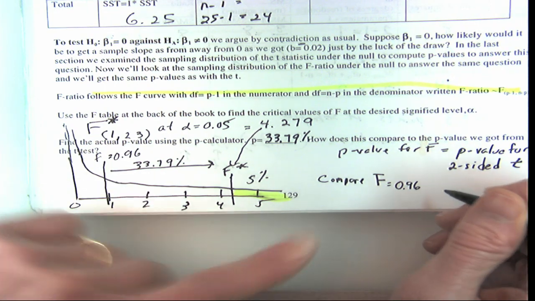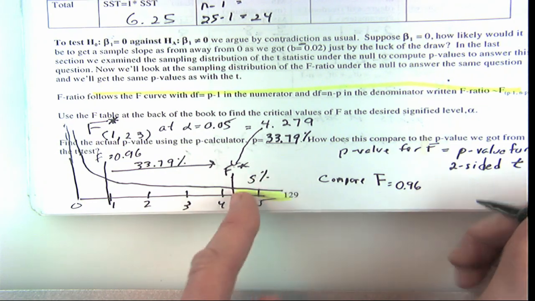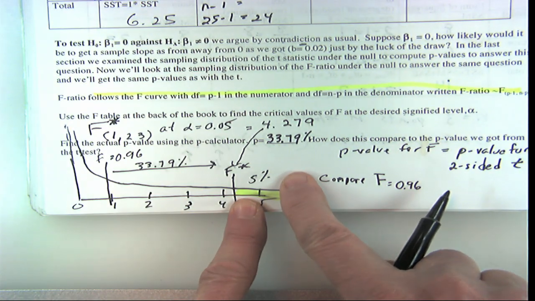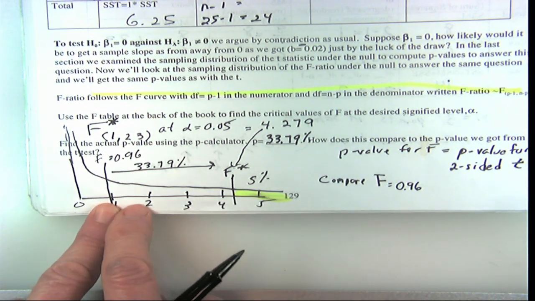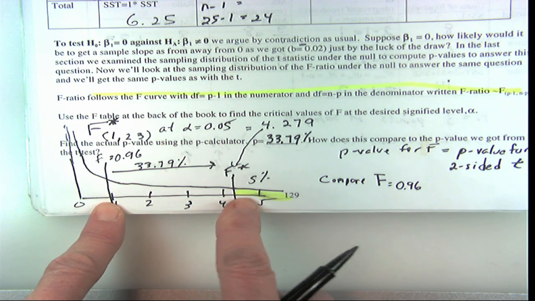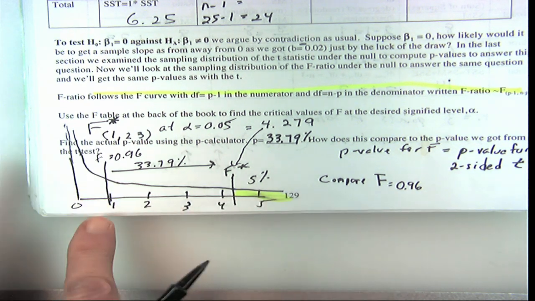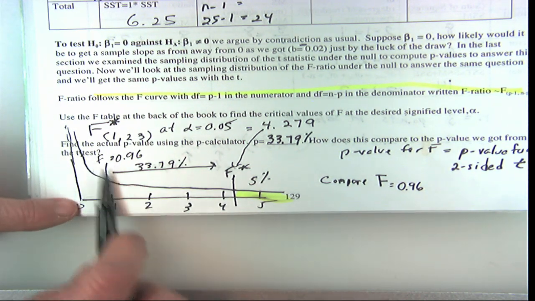And if it's less than, we're not going to reject the null. If it was greater, if it was on this side, we'd have less than 5%. Our F was only about 1. We'd have to get an F statistic way over here to get less than 5%. Do you see that? Our F was right here, and we'd expect it to be about right there.